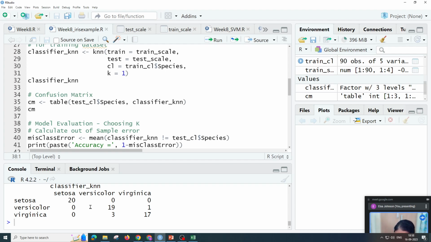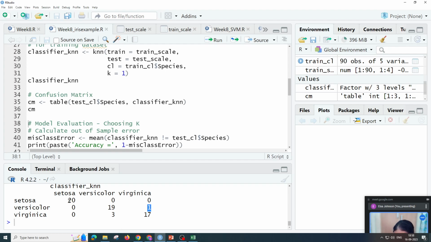You can see here 20, 19, 17 are coming as the diagonals. So for setosa, this is okay, true positive, like that. In between, you can see 3 values are coming which are given as virginica but are actually versicolor, and another one has come as 1.